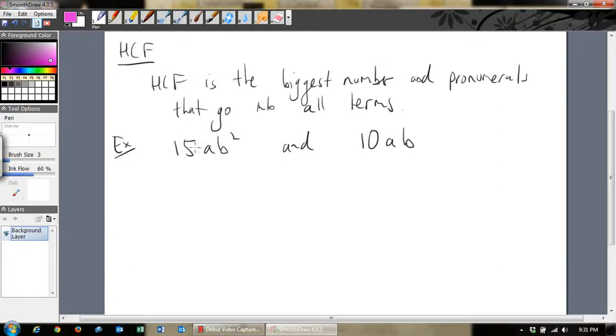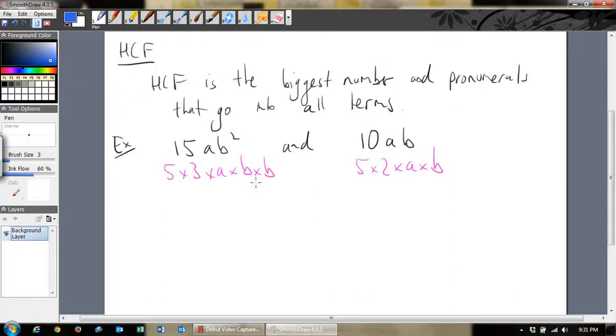I can see 15 and 10, 5 are factors that go into both of those. So I can write this as 5 times 3 times A times B times B, if I write that in expanded form. Over here I can write that as 5 times 2 times A times B.